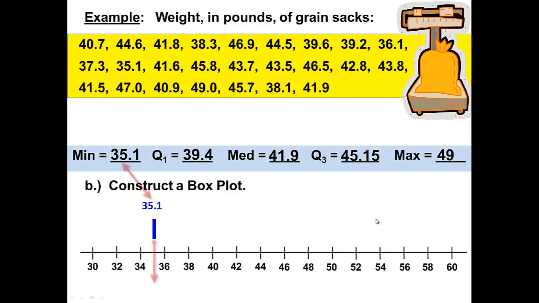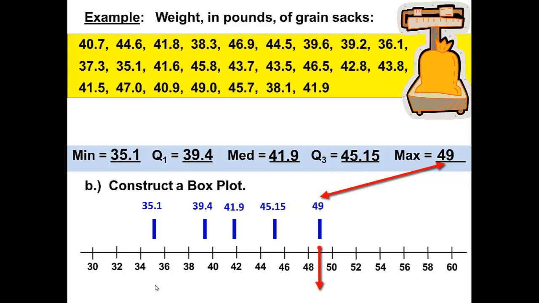Here we have marked the minimum of 35.1, the first quartile of 39.4, the median of 41.9, the third quartile of 45.15, and the max of 49.